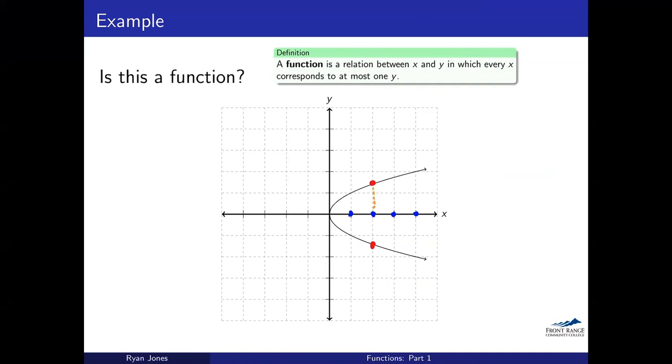That singular x value, x equals 2, is going to give us 2 different y values. So this is not a function. This is a great example of something that doesn't work as a function.